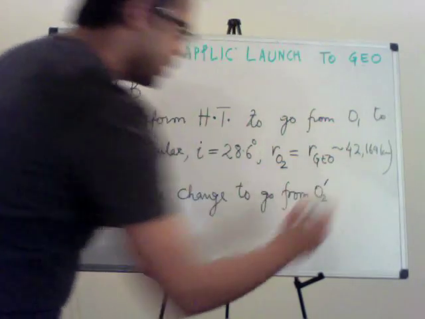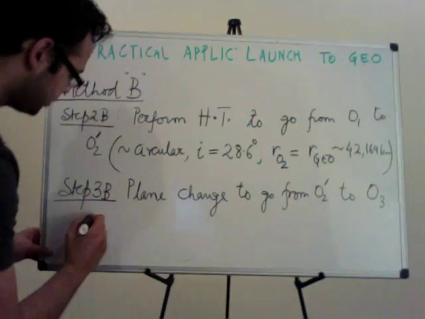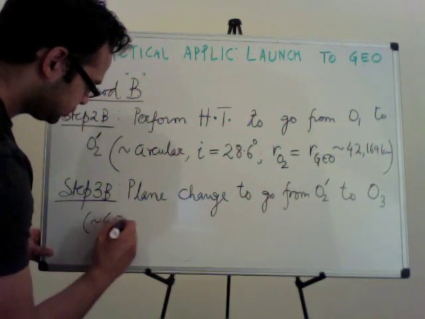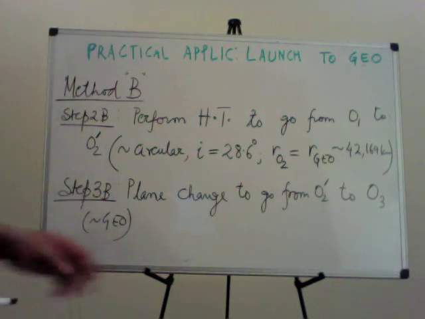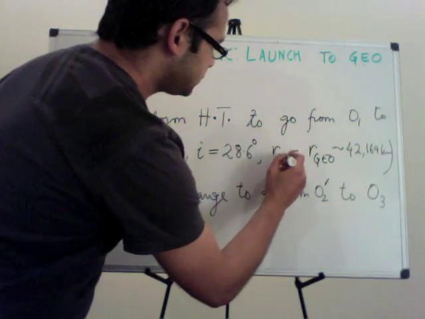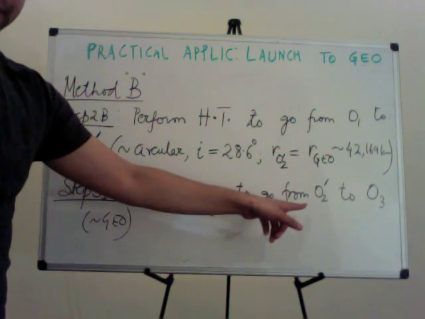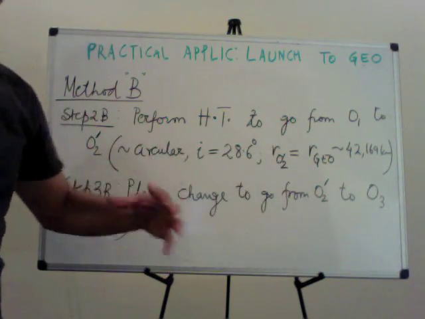Go from O2 prime to O3, but O3 is GEO, right? So note that O2 prime and O3 have the same radius. They are the same size.